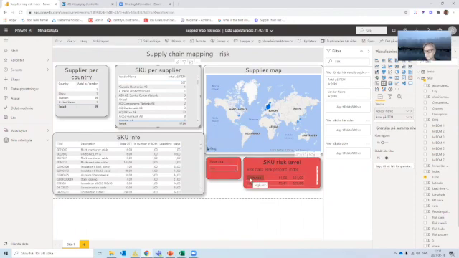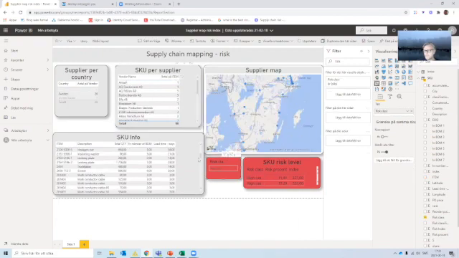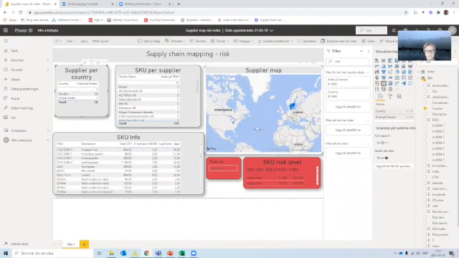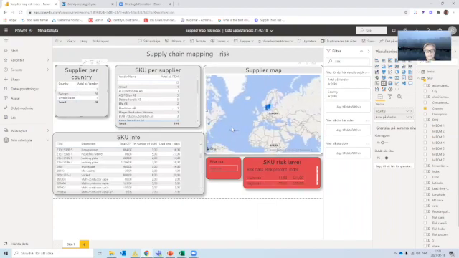So based on the risk percentage and the risk index that I've done for this customer, I have managed to classify what risk this could be for that article. So it is a way of giving you a general overview of how your supply chain is looking.